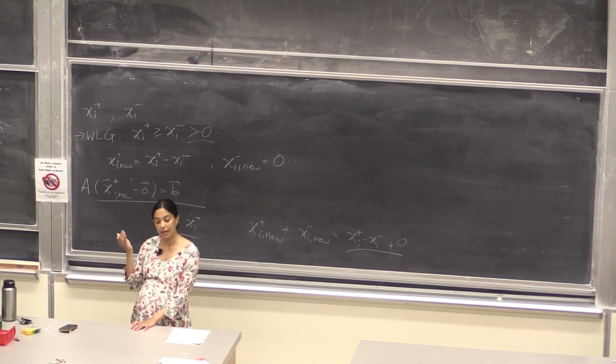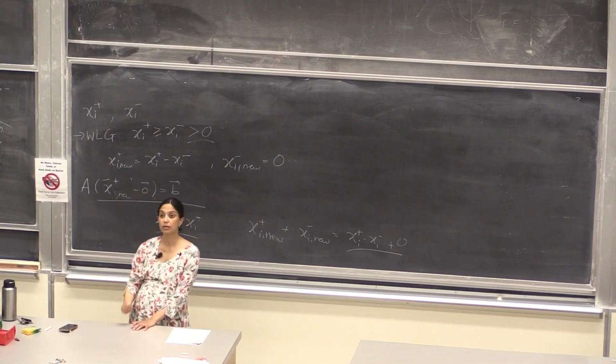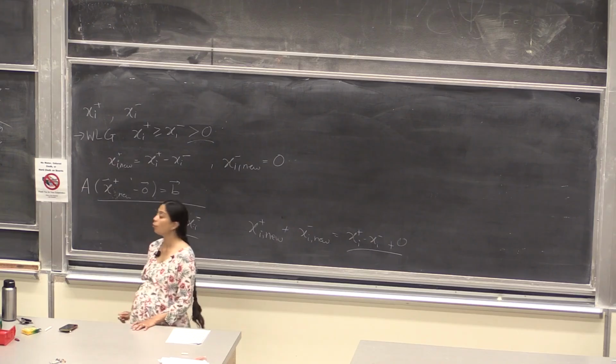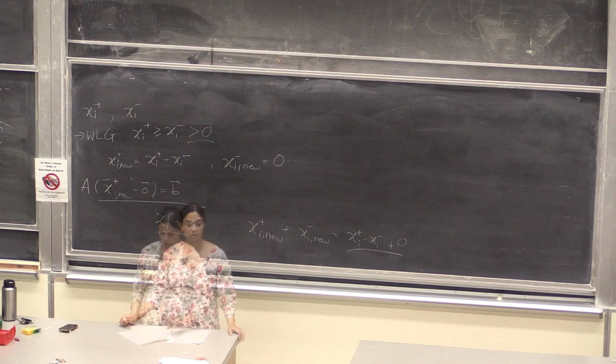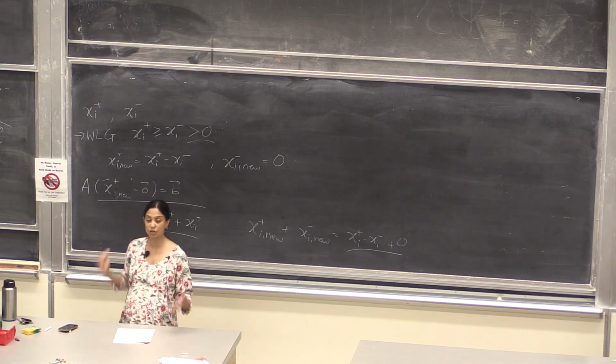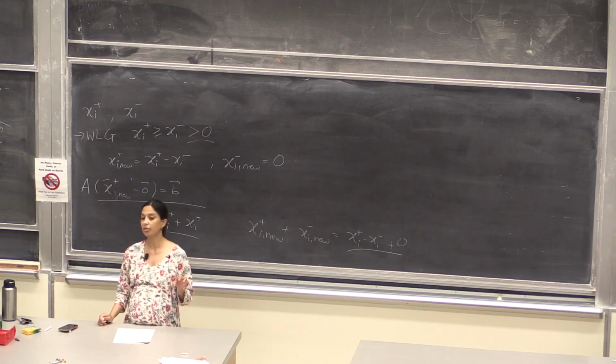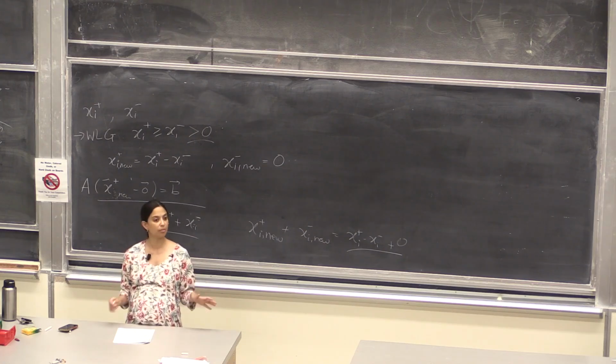Therefore, the other variable is automatically equal to xi or minus xi. Without loss of generality. Okay, so the nice thing is that this is a trick that can be basically used to convert any kind of L1 norm thing into an LP, right?